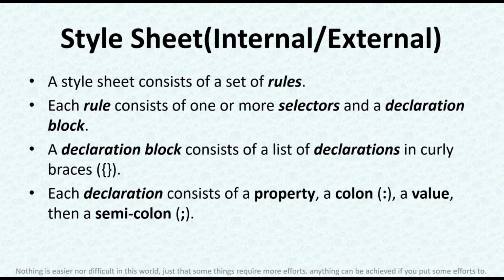Declaration block consists of declarations in curly braces. Each declaration consists of a property, colon, and value, then semicolon, as we have seen.